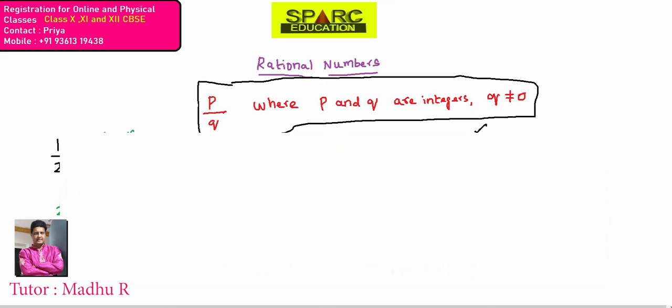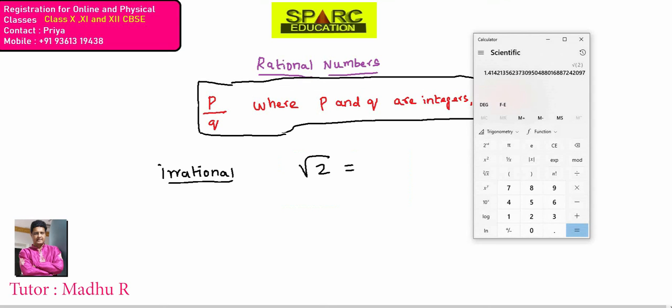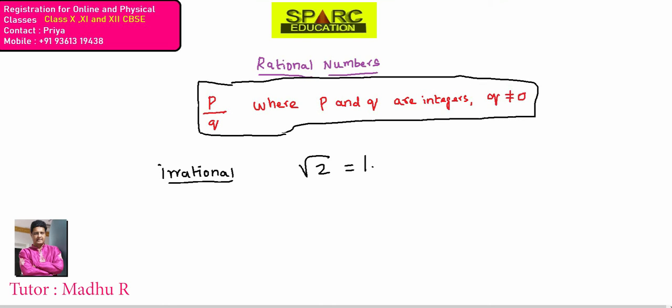Are there numbers in mathematics which do not fall in this category? Numbers which cannot be expressed in the form P by Q. Let's see irrational numbers. Square root of 2. What is square root of 2? 1.4142136, and it continues.